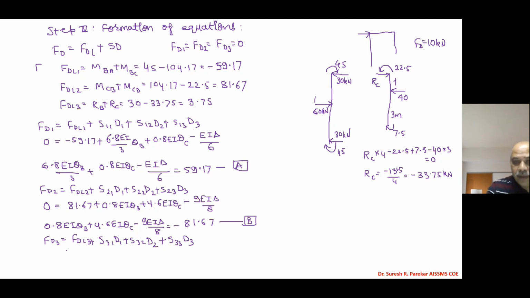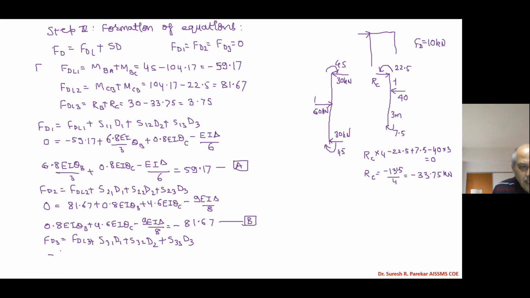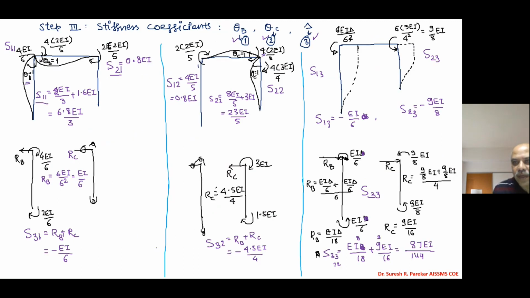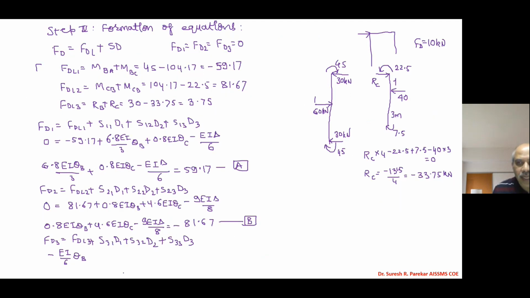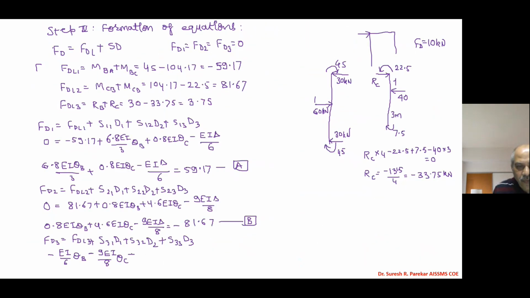We have minus EI by 6 theta B. Then S32 you can see, 32 and 23 are the same, minus 9 EI by 8 delta, minus 9 EI by 8 theta C. And then for S33 we got 87 EI upon 144 delta, and FDL3 we have 3.75. It will go to the other side, becomes minus 3.75.